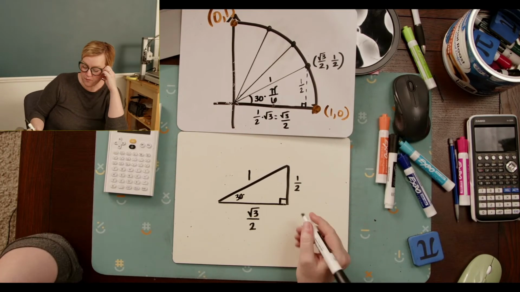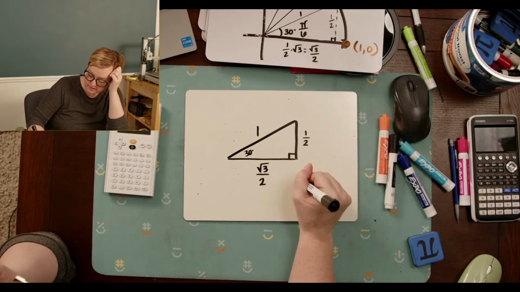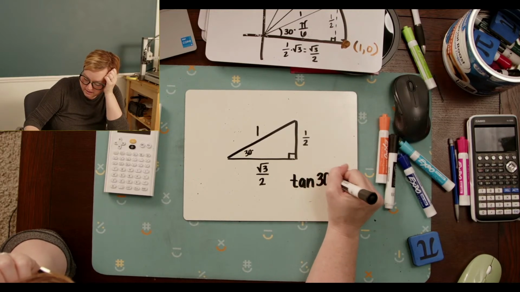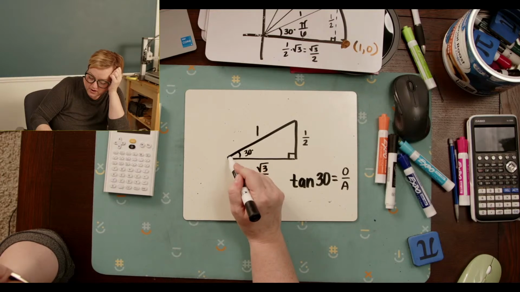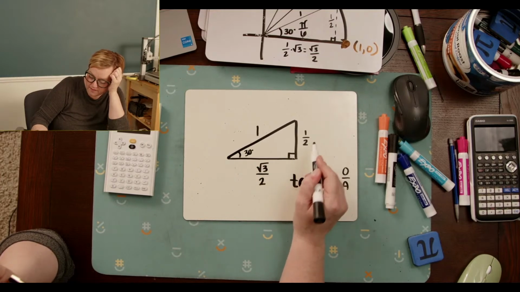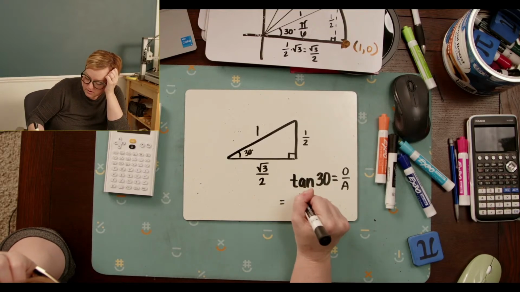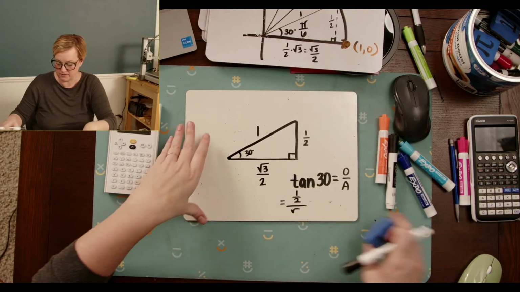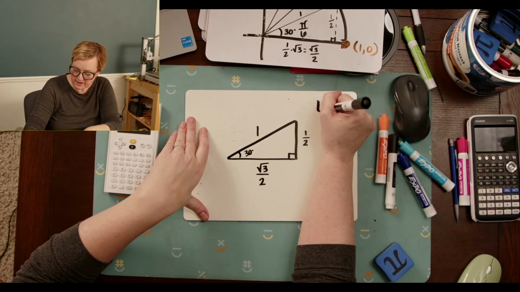So if I'm looking for tangent of 30, tangent is the opposite over the adjacent. 30 is our angle. The opposite side is 1/2, and the adjacent is √3/2. So we're trying to figure out tangent of 30.